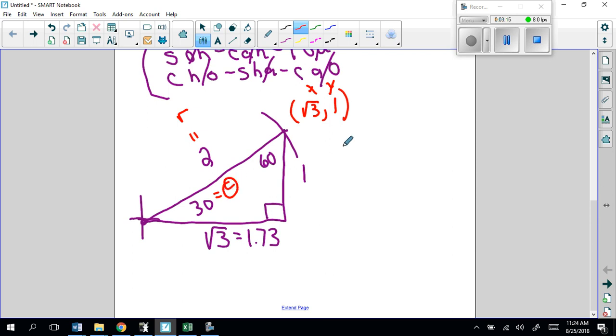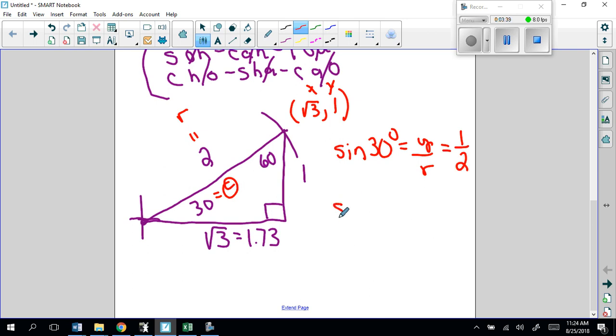So when I say sine 30, one way to do it is just memorize it. Sine 30, 1/2. Square root of 81, 9. Memorize that. Why not memorize sine 30? I'm in trig. But if you know your 30, 60, 90, you can get away with y over r, which is 1 over 2.